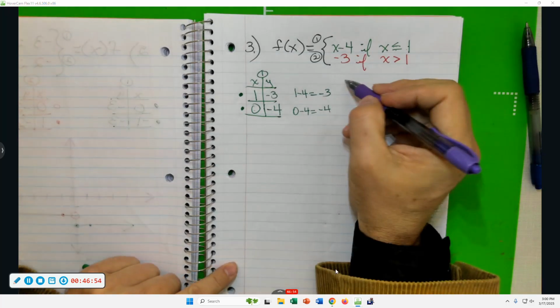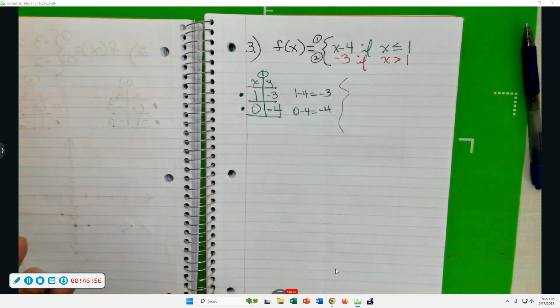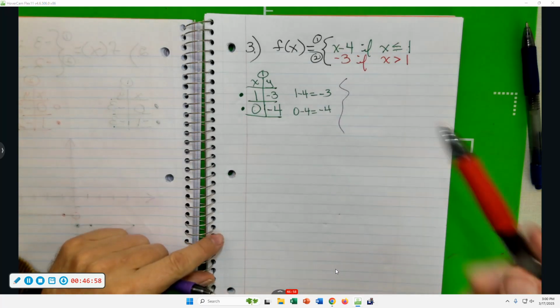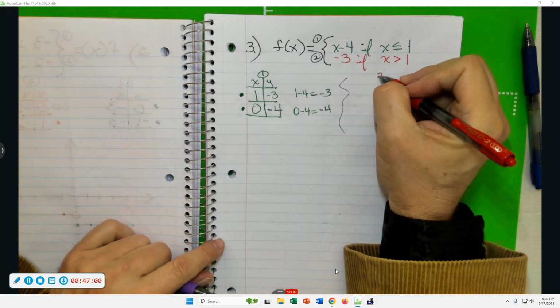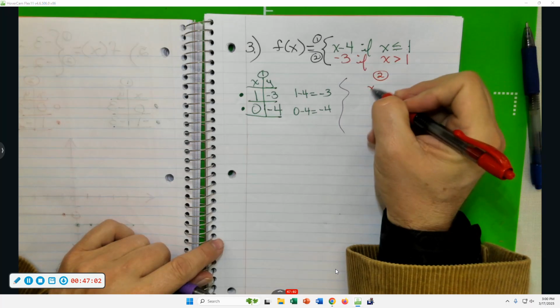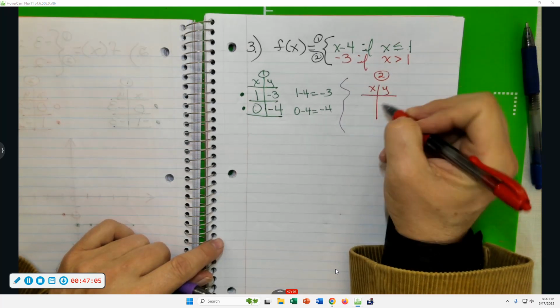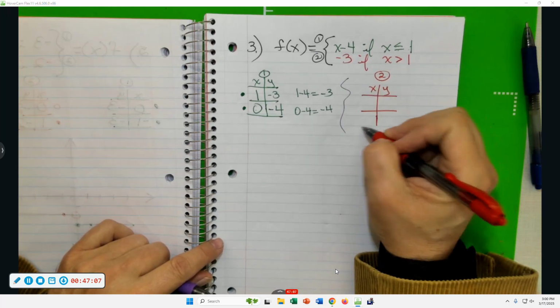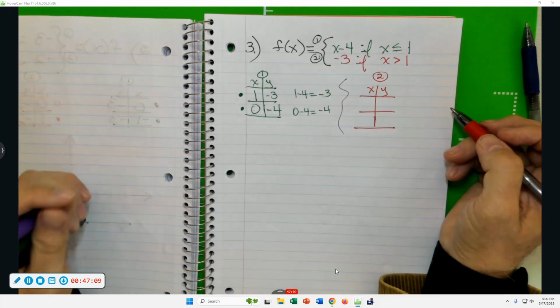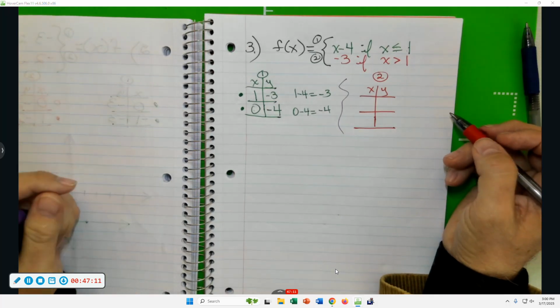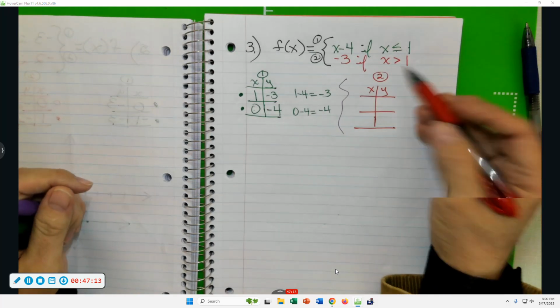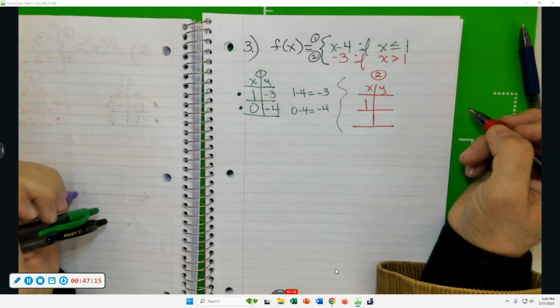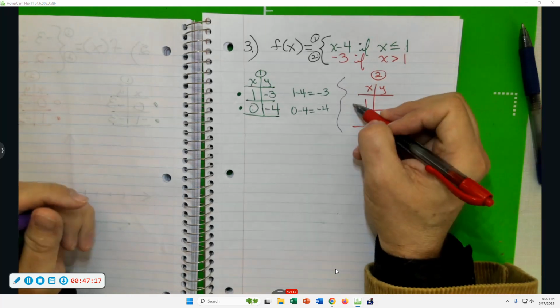Let's make the second table while we're at it. And then I'll draw the XY grid. This is piece 2. What's the first number I must use for x? 1, but there's no equality, so how will I label this point? Open circle.